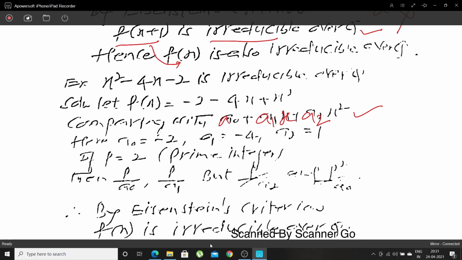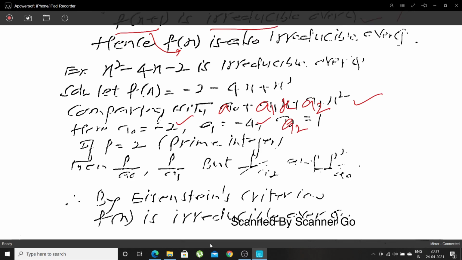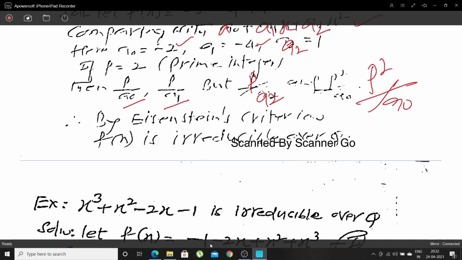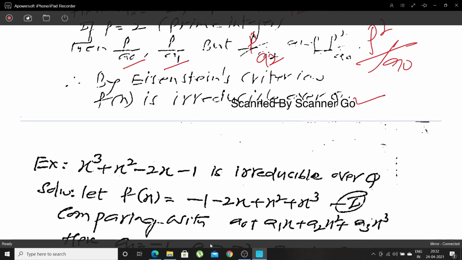We see that the constant term is minus 2, a1 is minus 4, and a2 is 1. If I take the prime integer as 2, clearly p divides a naught, p divides a1, but p does not divide a2, and also p square does not divide a naught. That means clearly the function is irreducible over the set of rational numbers, that is Q.